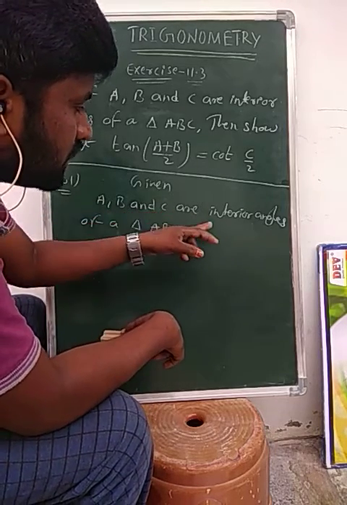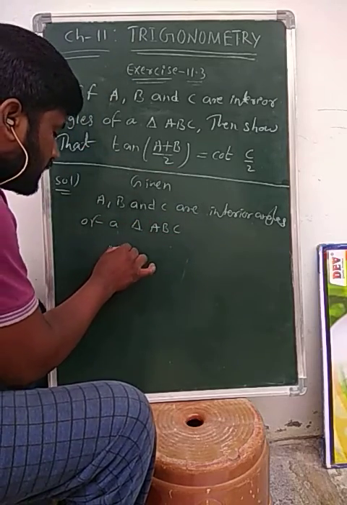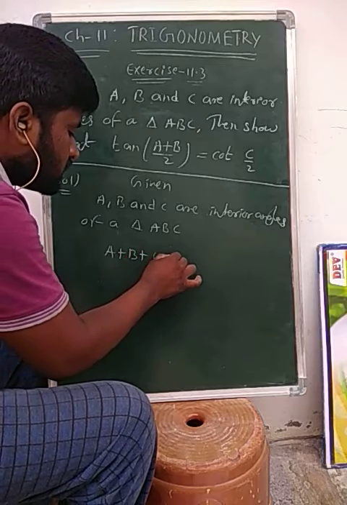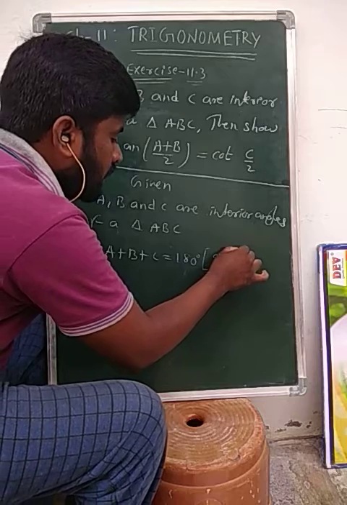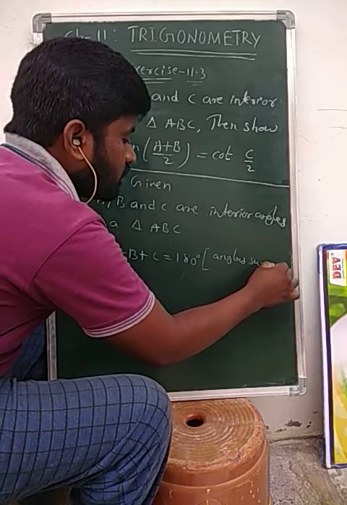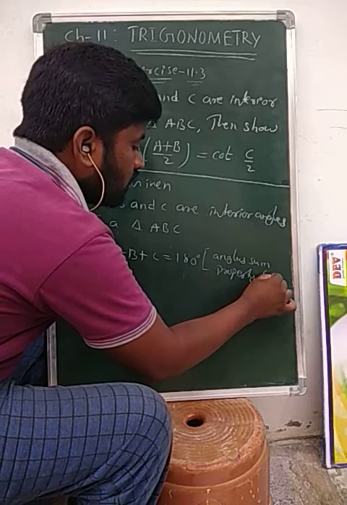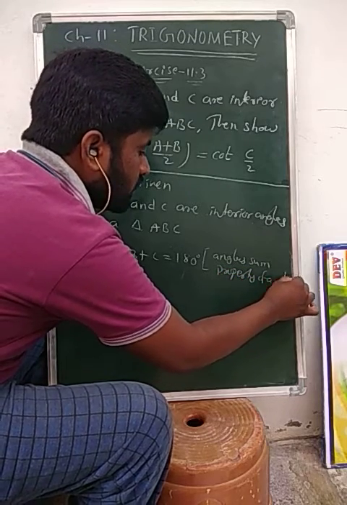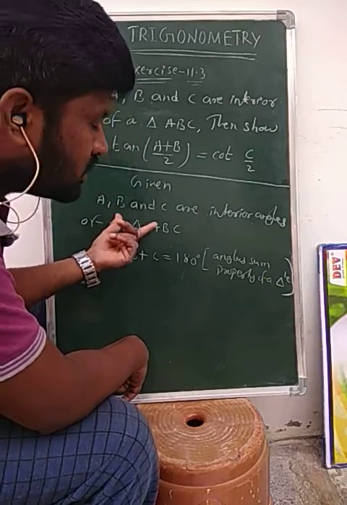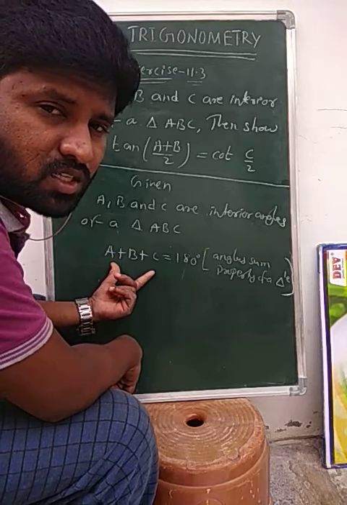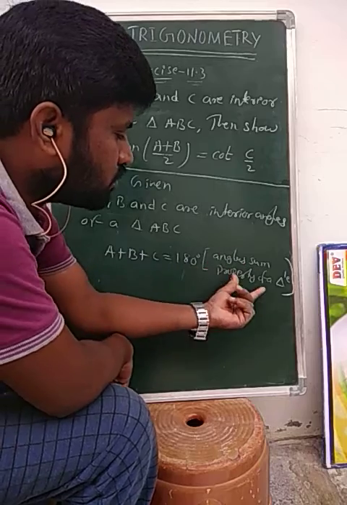ABC are interior angles of a triangle ABC means A plus B plus C is equal to 180 degrees. This is the angle sum property of a triangle. Okay? These three are interior angles means the sum of the measures of the three angles of a triangle is equal to 180 degrees. That is the angle sum property of a triangle.